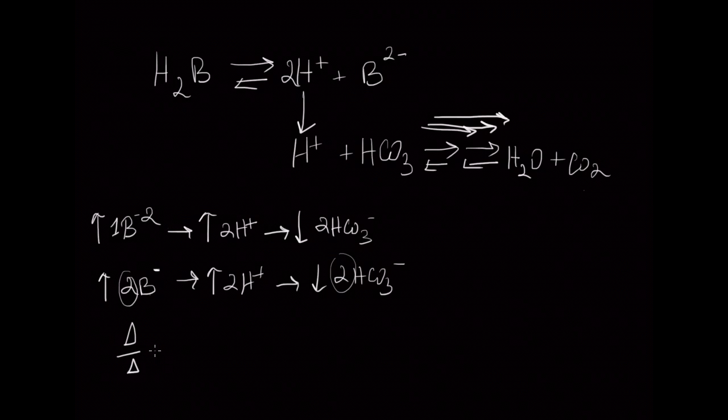So when you do your delta-delta, you're going to have a drop in the bicarbonate that appears to be equal to the rise in the anion gap. Because although you have 1 mole of a -2 charged species in your anion gap, it's equivalent to having 2 moles of a -1 charged species. So the ratio can still be 1. And so this can also apply to H3C or H4D, whatever the case may be.